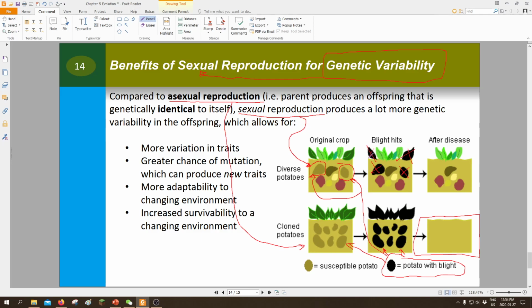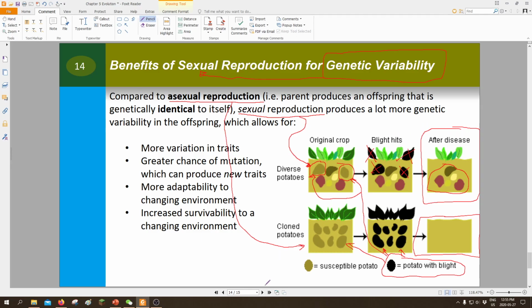However, because of the genetic variability and the differences in traits because of sexual reproduction, some potatoes actually survive. Why? Well, they had unique DNA, unique traits that made them strong against the blight. Because of that, they are able to survive. You have a beautiful potato crop, you have potatoes for days, and you are living in happiness.